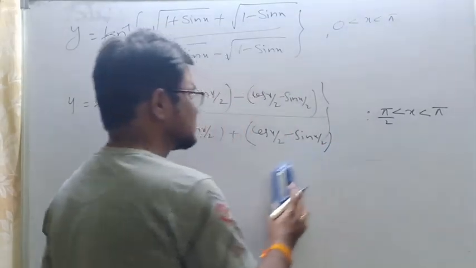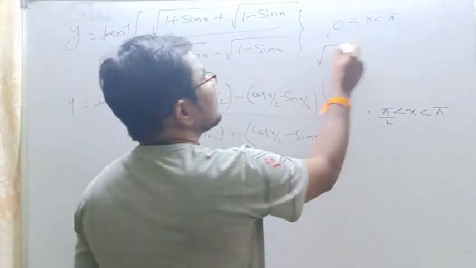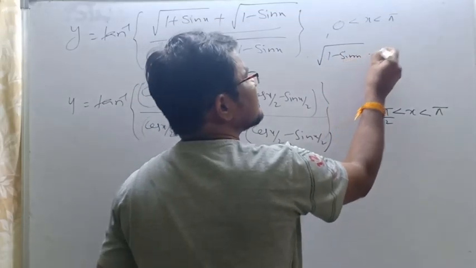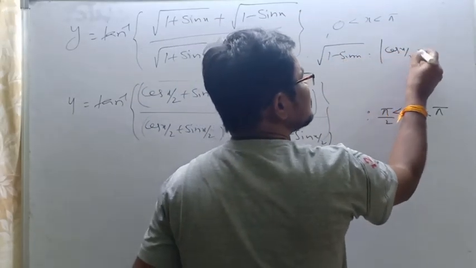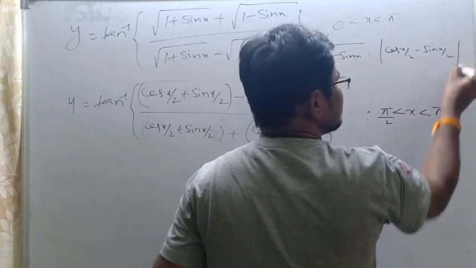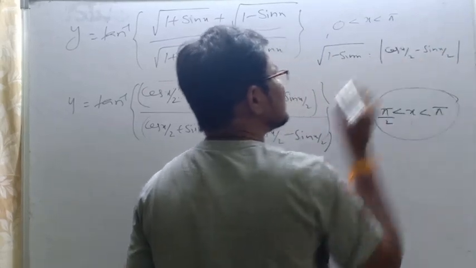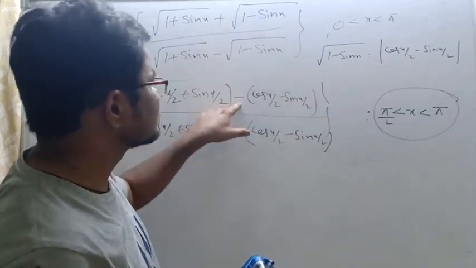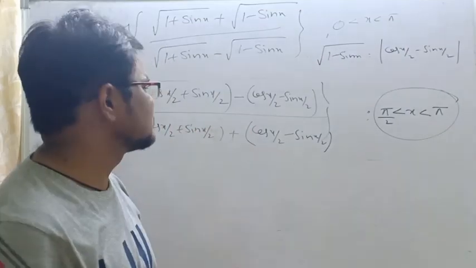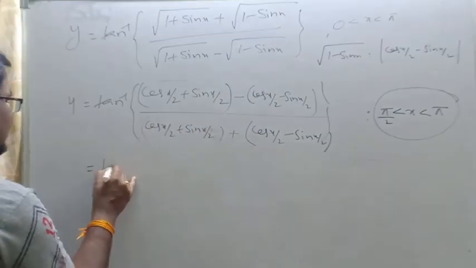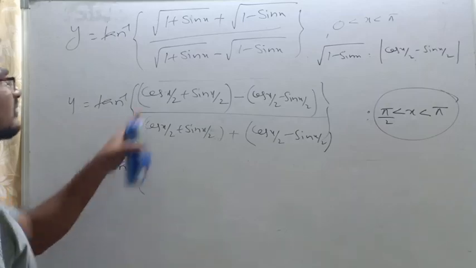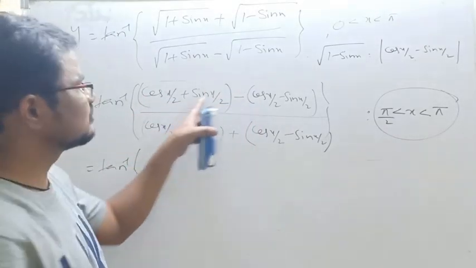Listen, once again I will explain. Root of 1 minus sin x can be written as modulus of cos x by 2 minus sin x by 2. But in this interval, this is negative. So that's why here minus getting, here minus of minus plus getting. Now if you simplify, tan inverse of, here minus cos plus cos get cancelled, 2 sin x by 2.